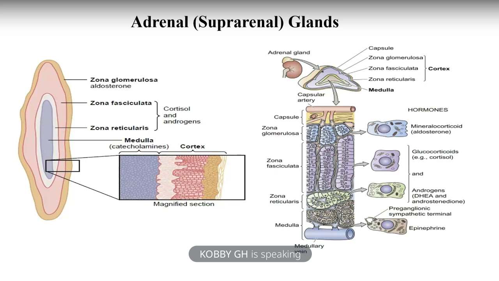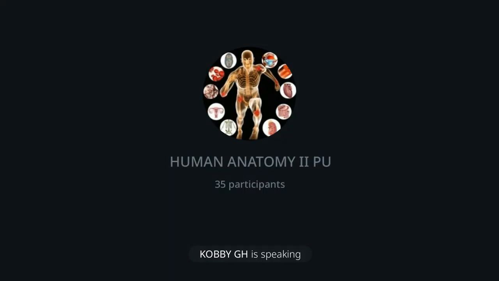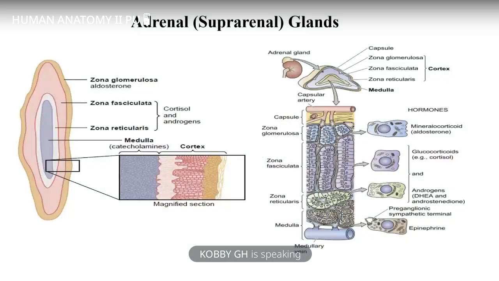So you have to tell us the part that produces the epinephrine and also the part that produces the mineralocorticoids. The part that produces the epinephrine is the adrenal medulla. The part that produces the mineralocorticoids is the zona glomerulosa. Then you get your full mark. Is that okay? All right, that is fine.